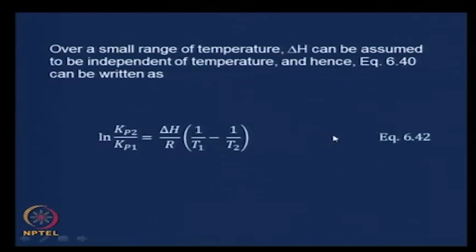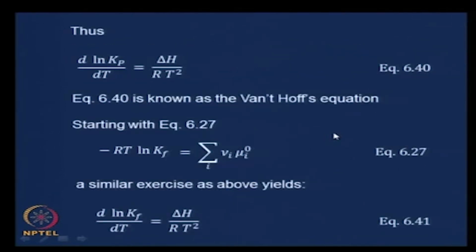Let us go back to equation 640 to see how that comes about. This is equation 640 for Kp. You can do the same thing for 641 for Kf. If we integrate this, it will be the integral of d ln Kp from Kp1 to Kp2, and on the other side the integral from T1 to T2 of delta H by RT squared dT.